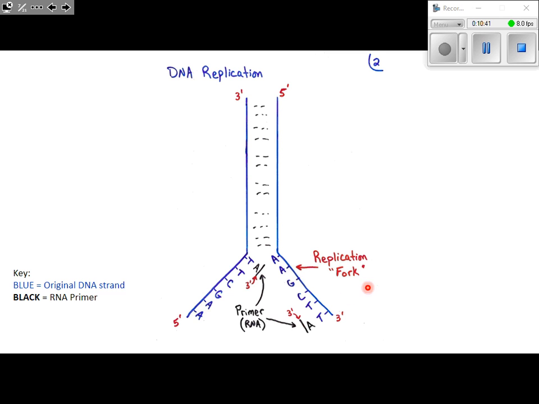Okay, so it's the 3' that we're interested in, because in the next step, DNA polymerase is going to come in and latch on to this 3' end and build a new strip of DNA right down here. And on the other side, it's going to latch on to this 3' end and build DNA in this direction.